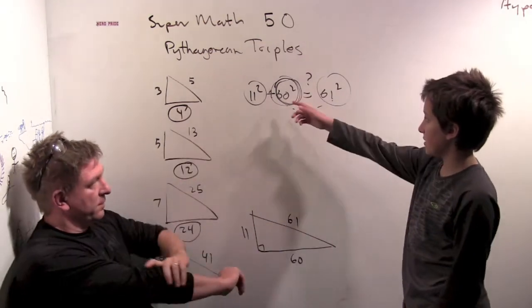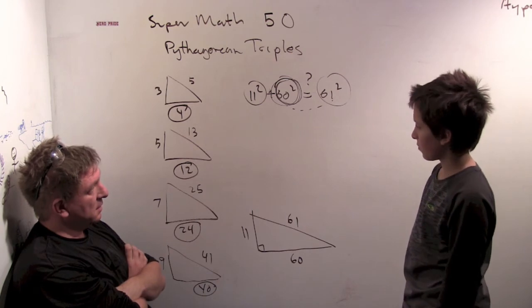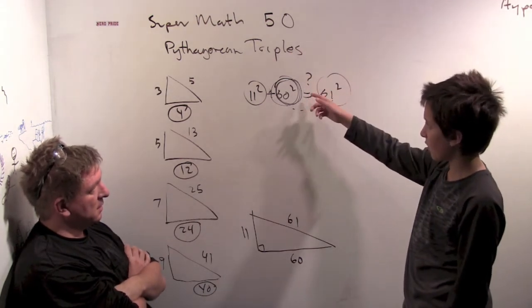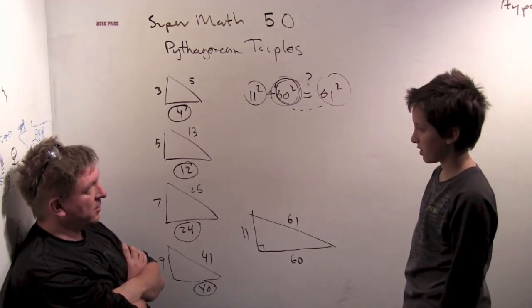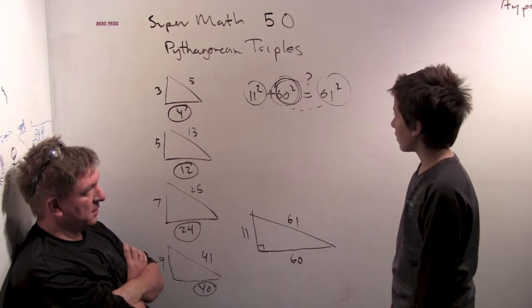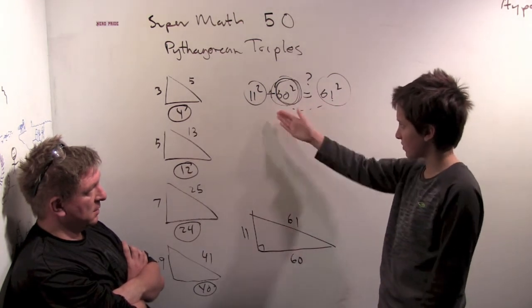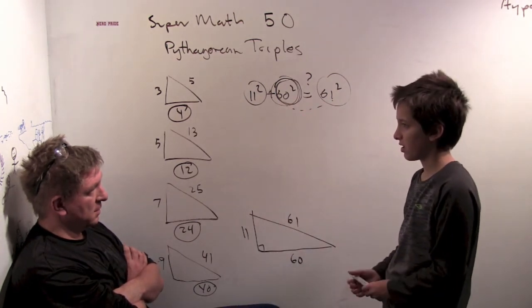You need to move the 60 to the other side. Can I do that? Well, you can't, since we don't know if it's equal or not.